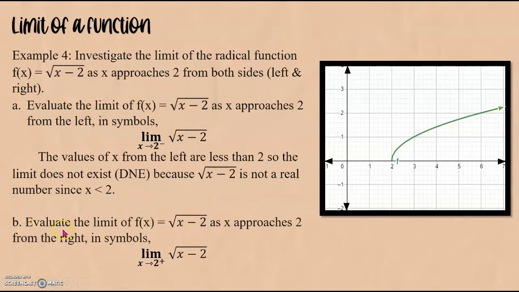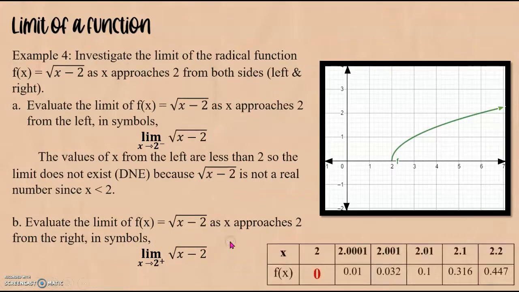However, when we evaluate the limit of f of x as x approaches 2 from the right, we can see that our limit exists. So when x is equal to 2.2, f of x is 0.447. When x is equal to 2.01, f of x is equal to 0.1.